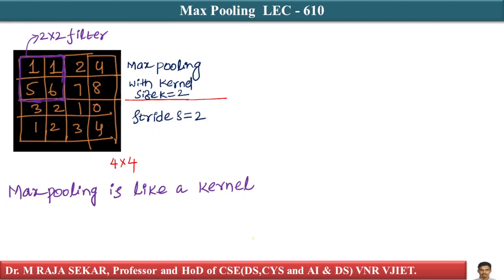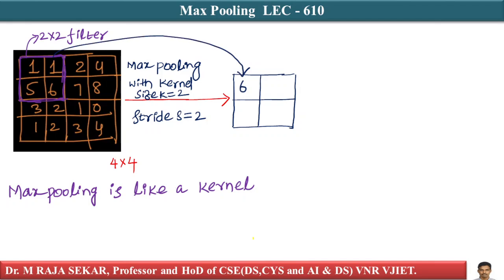The resultant is a 2x2 matrix, because my max pooling operator has size 2, so I take a 2x2 matrix and take the maximum value of all of them. I will put 6 here, because 6 is the maximum of 1, 1, 5, 6.